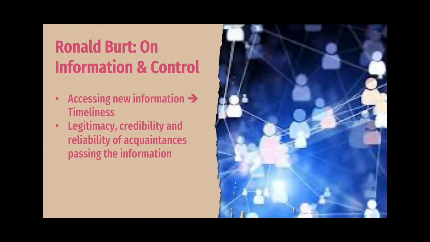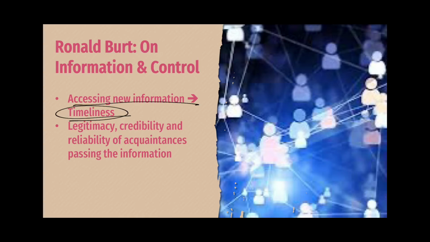So accessing new information is all about timeliness. When you want to connect with a person, you should catch that person during the time when they're more likely to be welcoming to help you. And during the time of COVID, it's quite difficult to pin down a certain person and allow that person to give some time to you.